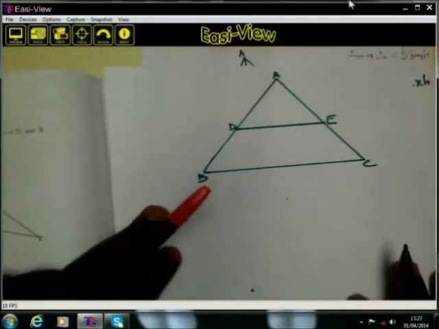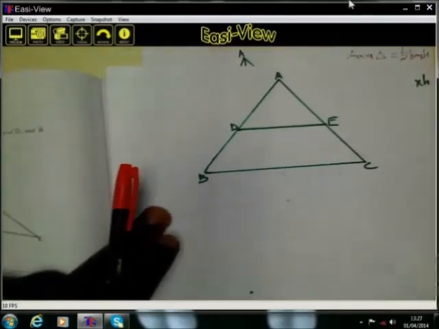Fine. Now we're looking at this triangle. That is the very same triangle that we had from our textbook.